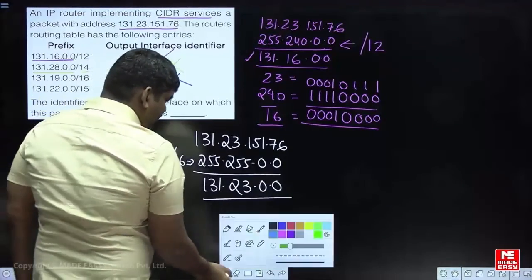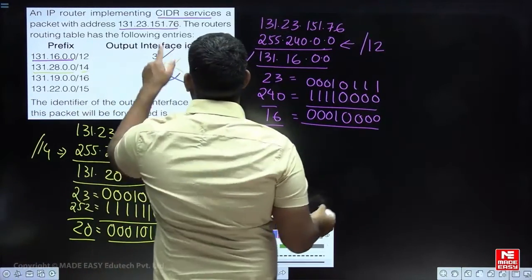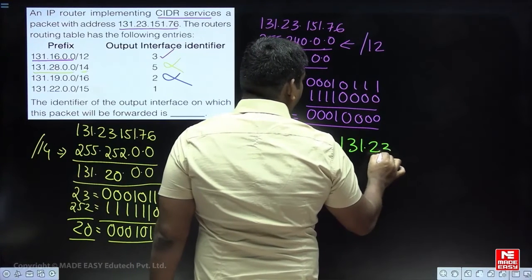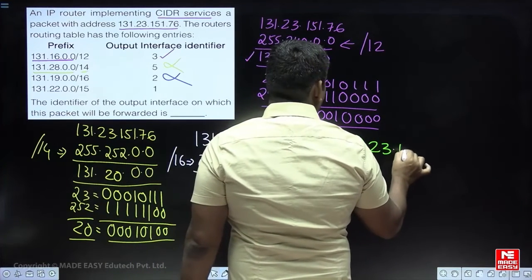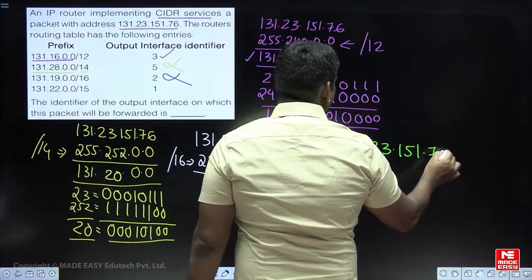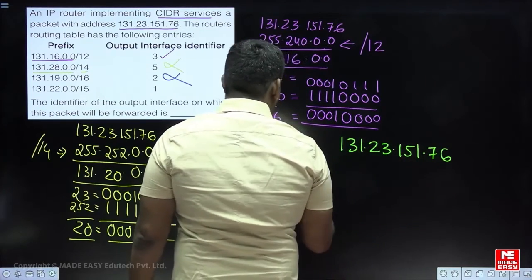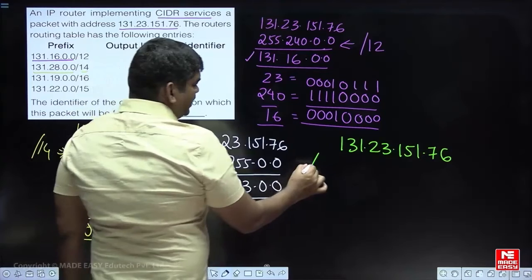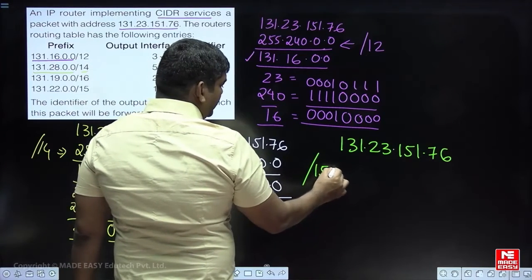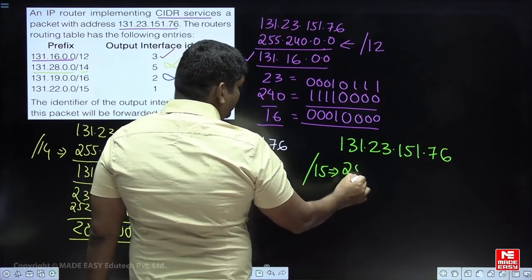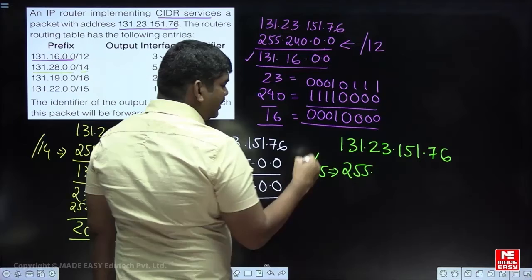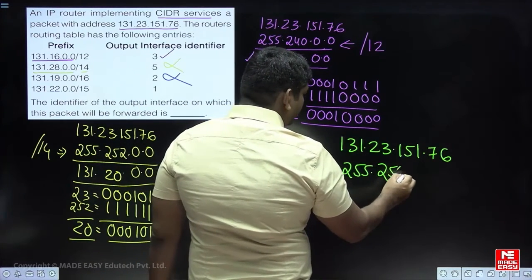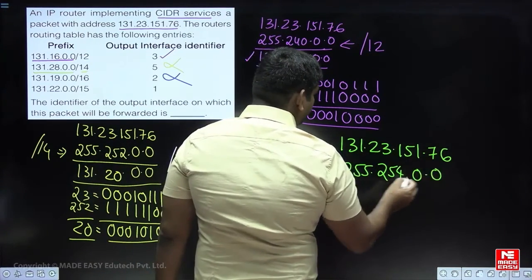Now if you go for the fourth row, the destination IP is 131.23.151.76. What is the mask of this fourth row? You can see it is /15. If I convert /15 into binary, this value is 255, already 8 ones, followed by 7 ones, which means 254.0.0.